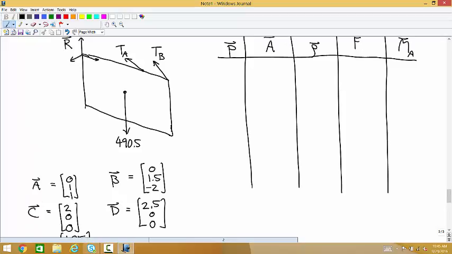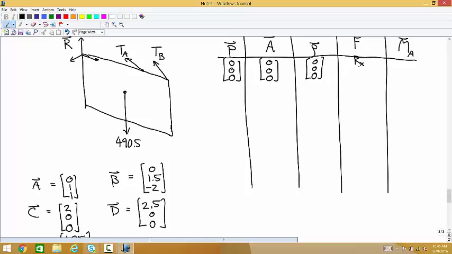And now we're just going to go through these forces. So I'll first do the reaction force R at the ball and socket joint. The location of that force is the origin. The about point, we might as well make it the place where we have the most unknown forces, so that's also the origin. Rho vector is 0.